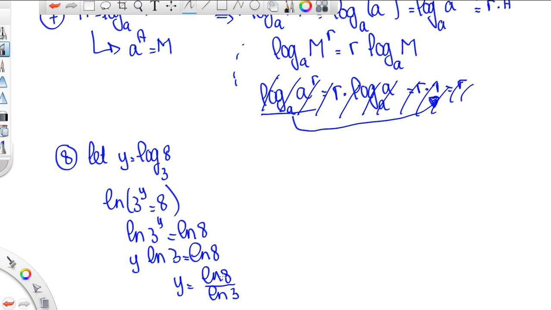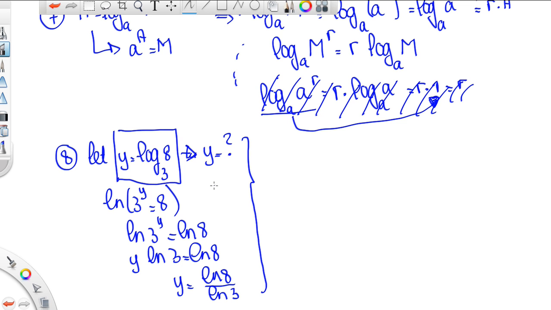Now you might be wondering, why would you need this? If I gave you this and you had an older calculator, then there's no way to figure out what value y is. So right now I don't know what y is worth. But if I look over here, it says y is actually the natural log of 8 divided by the natural log of 3.